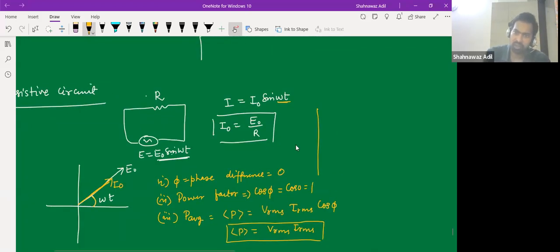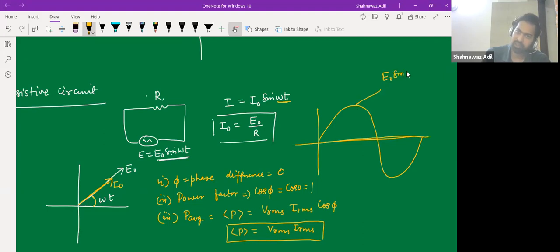So this was our E naught. So this was E naught sine omega t, right? And this is E naught. This is pi by 2. This is pi. This is 3 pi by 2, and then this is 2 pi. And then we drew the current graph.